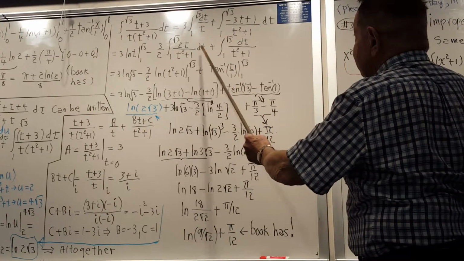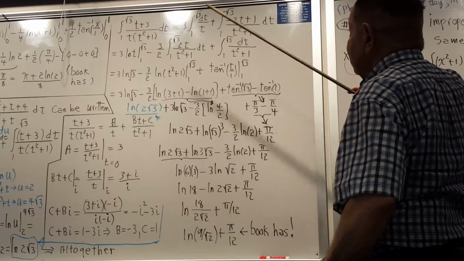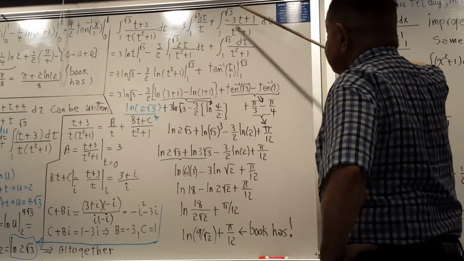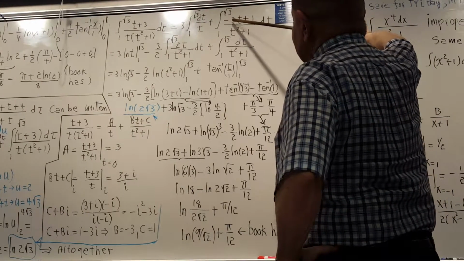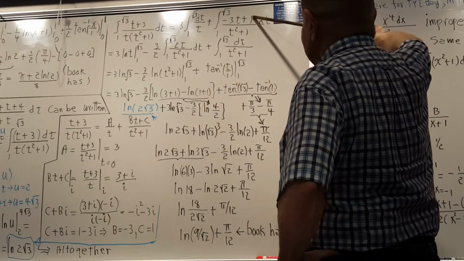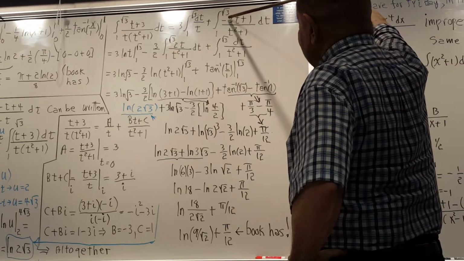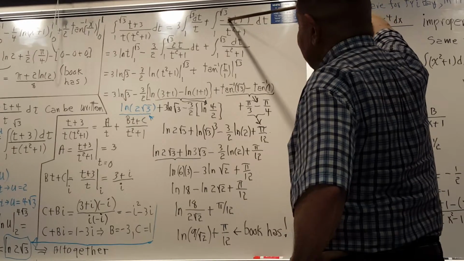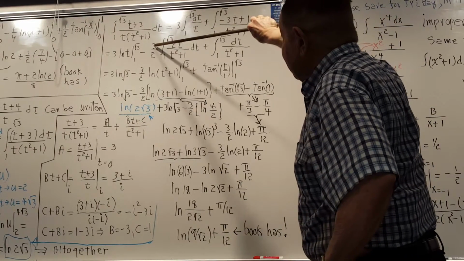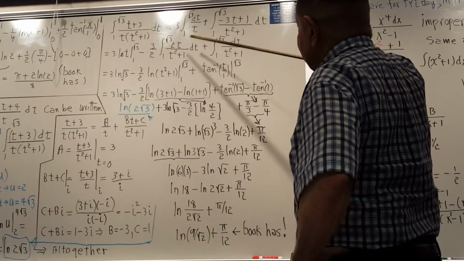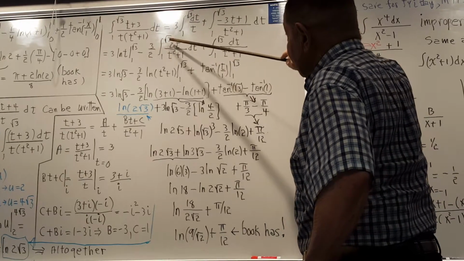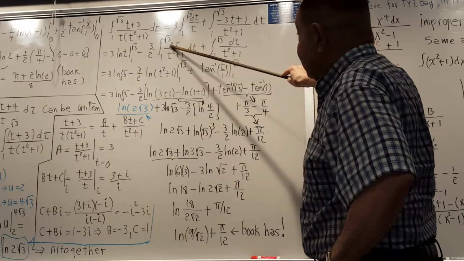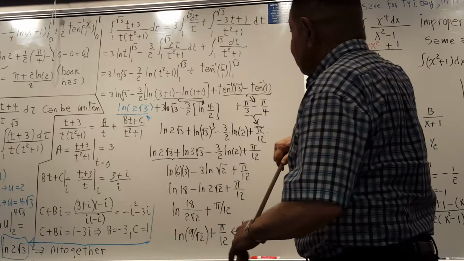And then what I have done is I've split this one into two parts. I'm looking at the minus 3t over t squared plus 1. I factored the minus 3 out, and I divided and multiplied by a 2 so that I'd finally have a 2t over t squared plus 1.